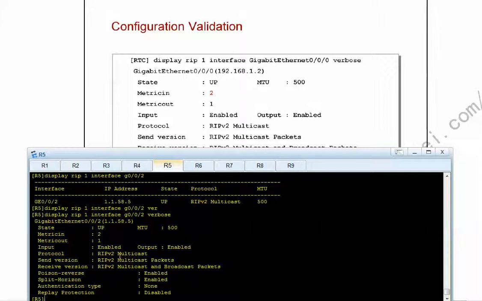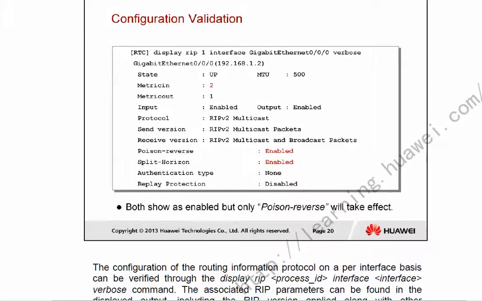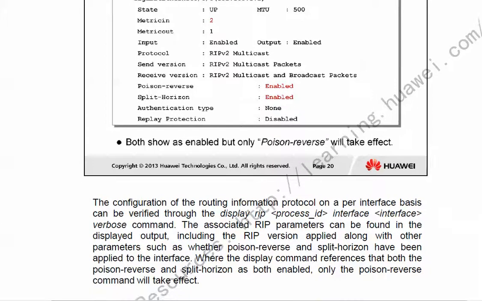So RIP version 2 multicast, poison reverse enabled, and split horizon enabled. So be careful, both show as enabled, these two things, but only poison reverse will take effect.